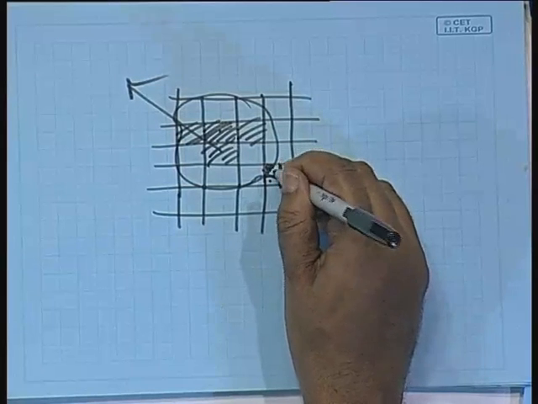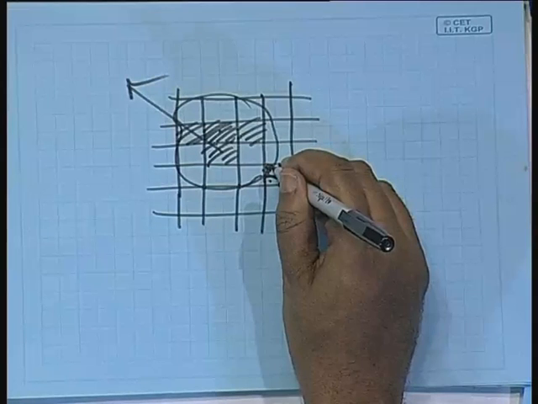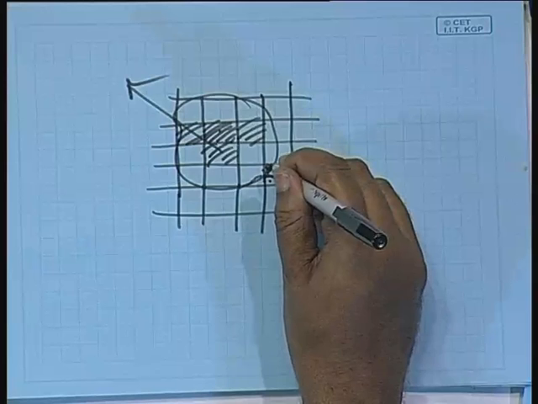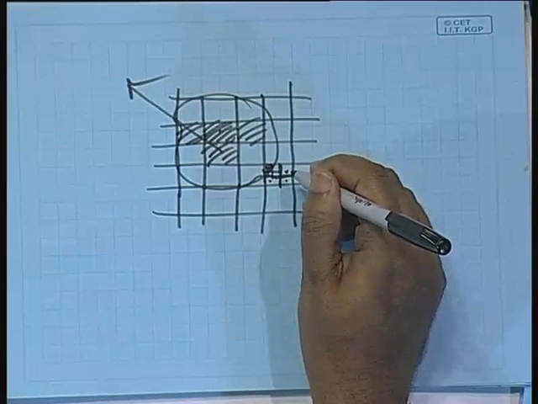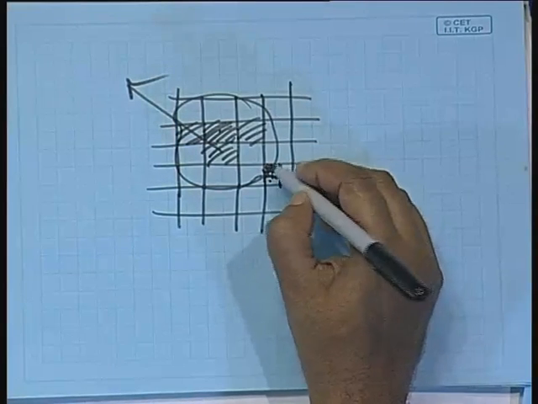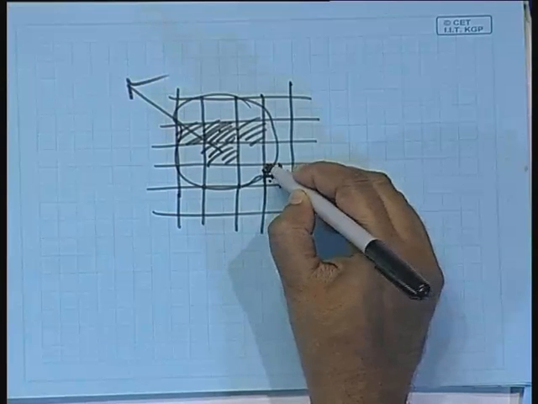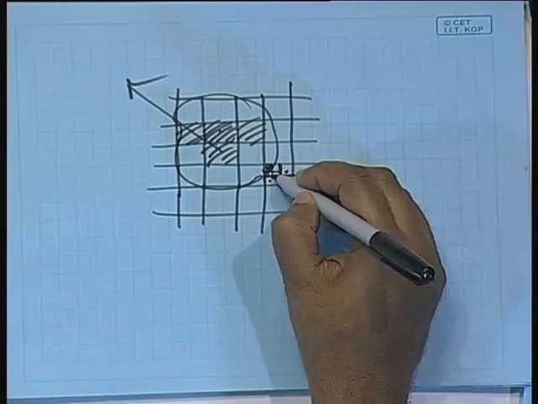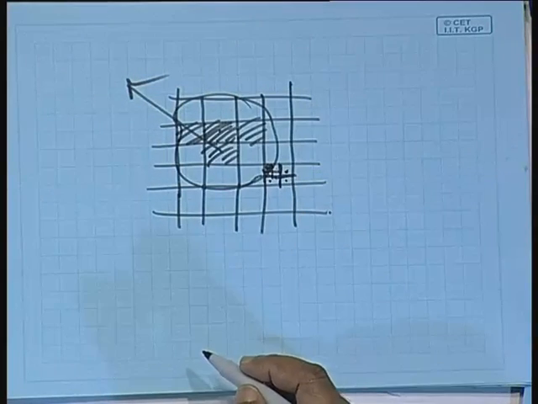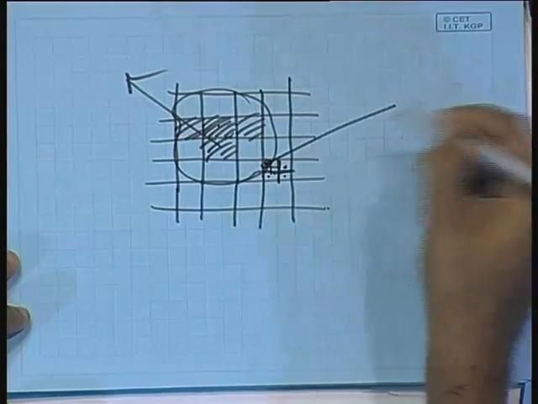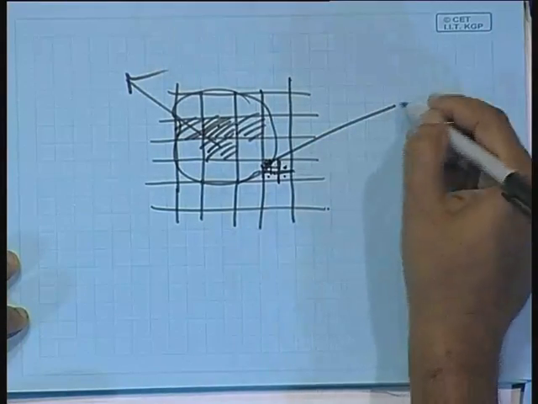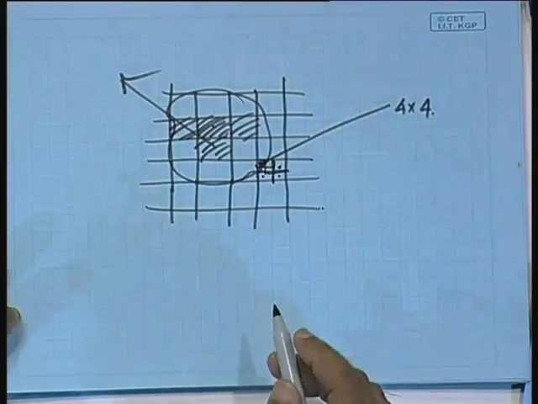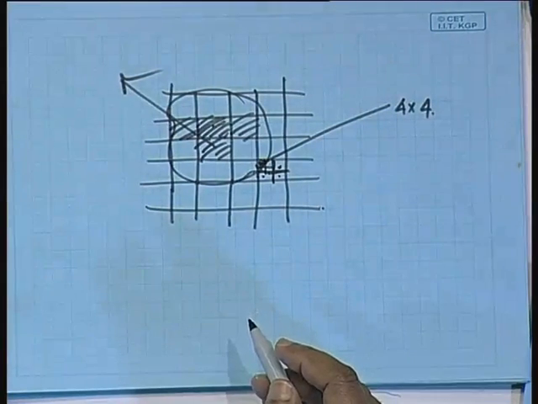So, we can say this 8 by 8 area is a moving area, let me subpartition this area further into 4 sub blocks of 4 by 4. By doing that, I will find that only one of these 4 by 4 areas is moving, and the rest of the 3 4 by 4 areas are stationary. So, only this block of size 4 by 4 is assigned a non-zero motion vector.